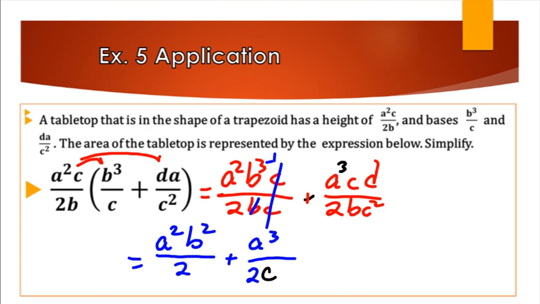We have b in the denominator, we have d in the numerator. I can't combine those. The b and the c cannot equal 0.